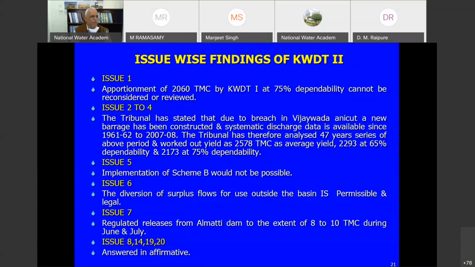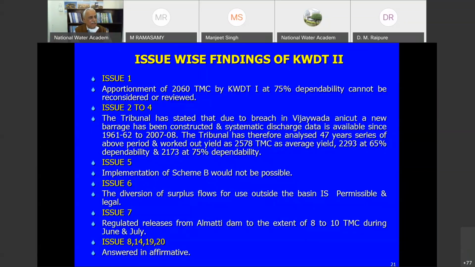Through his affidavit, he has also pointed out that the utilizations which have been taken by all the 3 party states have already reached a figure of 2196 TMC, which is more than the 2130 TMC allocated by the first tribunal, that is KWDT 1.